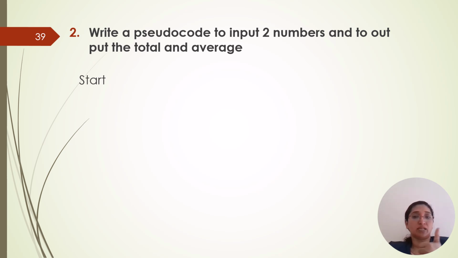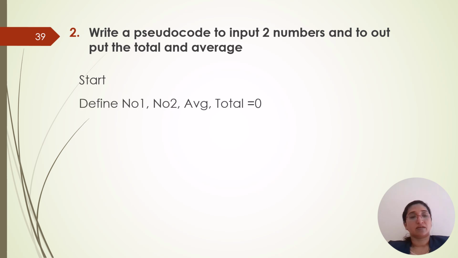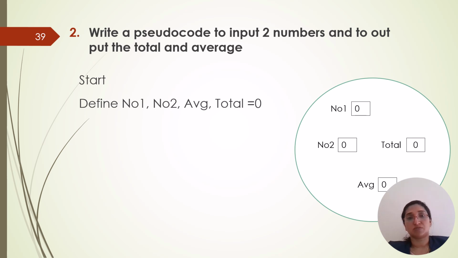You need one to get the first number, another one for number 2, one for total and one for average. Define number 1, number 2, average and total. When you execute this program, this is how your computer's memory looks like.